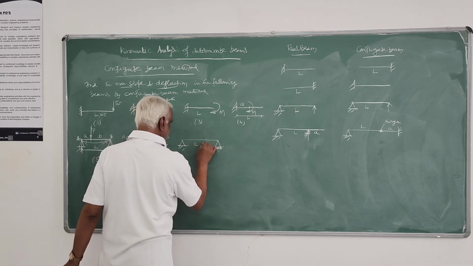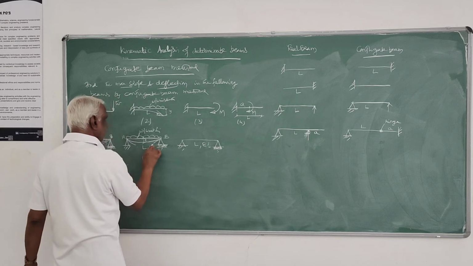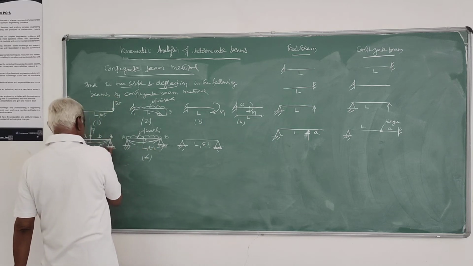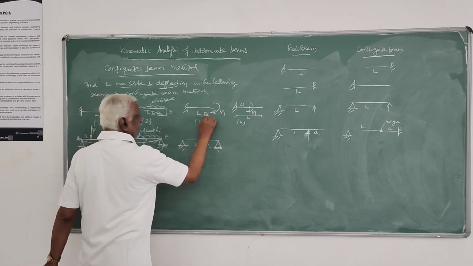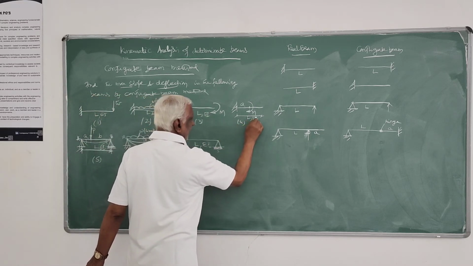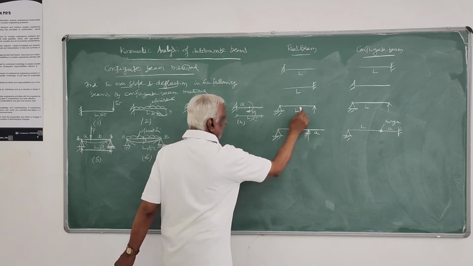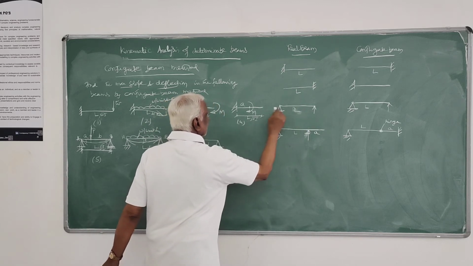L, and of course L is constant. In all these cases, L is constant, because it is prismatic beams. Non-prismatic also I will give and work that on this.